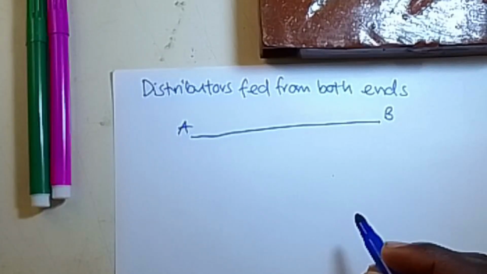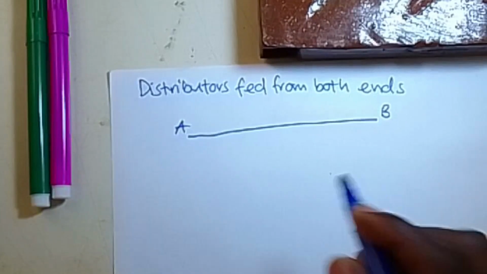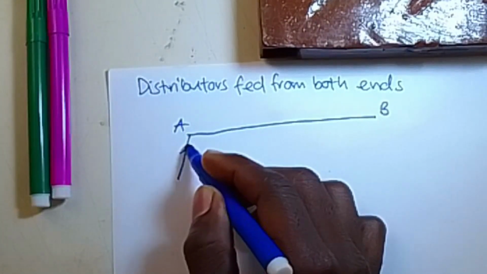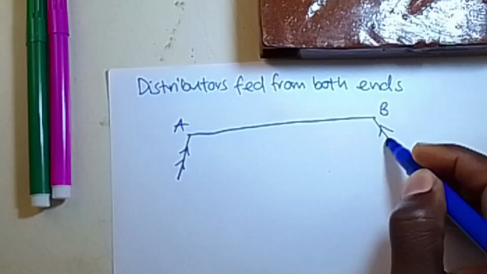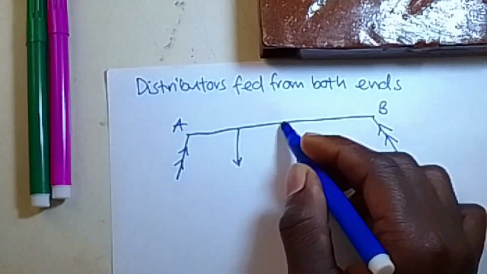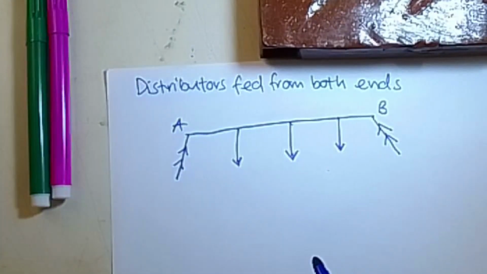So we have a distributor running from point A to point B, and then it has a feeder. Now we shall have feeders at both ends of the line, a feeder at this point and also a feeder at this point. Then we shall keep on tapping concentrated loads along the entire section of the line.